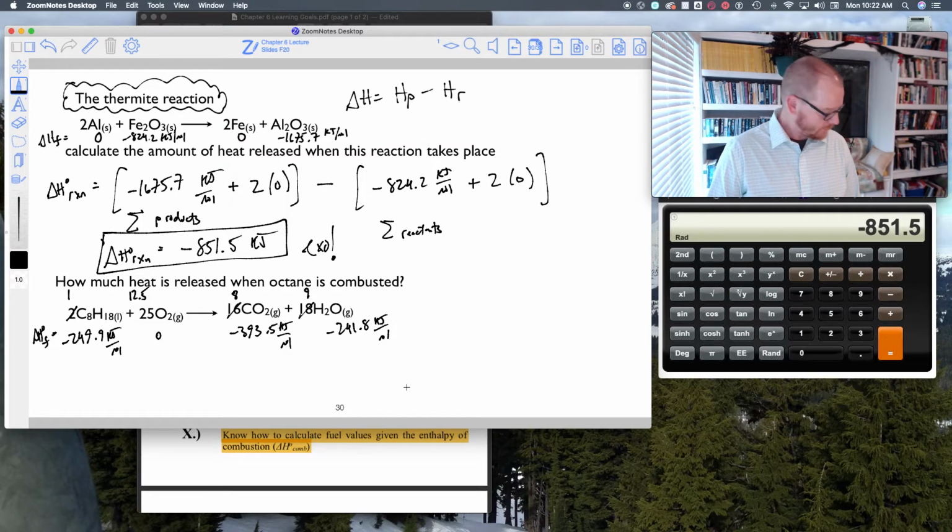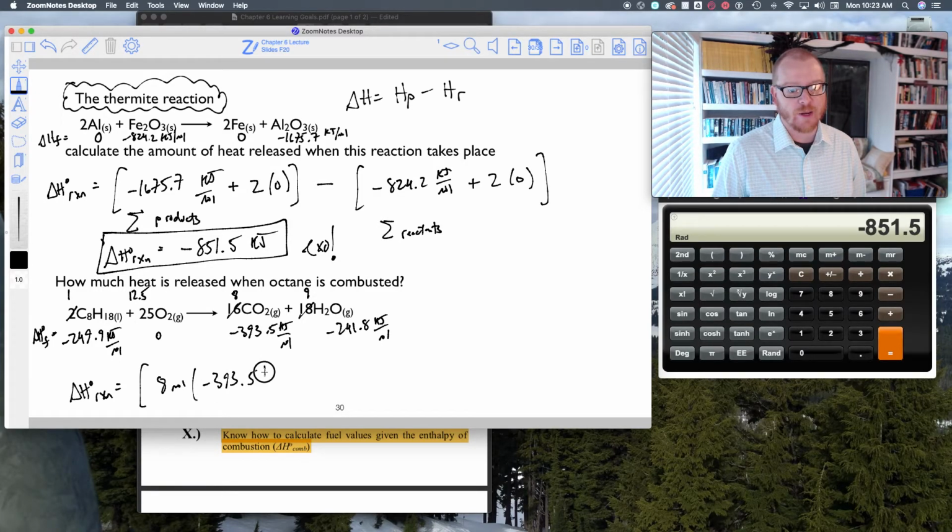Okay? And so now I can set up this reaction in the same way. I'm going to sum up the products and subtract them from the sum of the reactants. Okay? So now here, look, I've got 8 carbon dioxides, 8 moles of CO2 times negative 393.5 kilojoules per mole. So you can see there now how the mole and the mole unit's going to cancel. Okay?